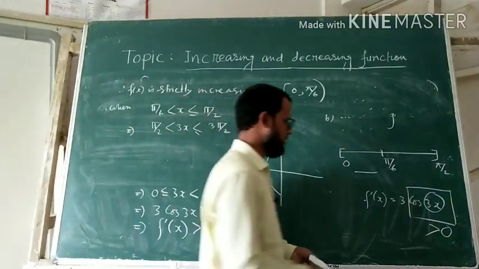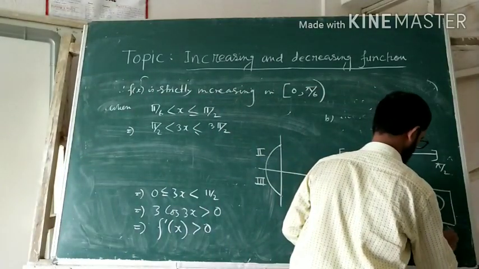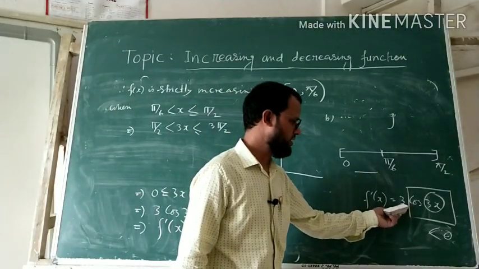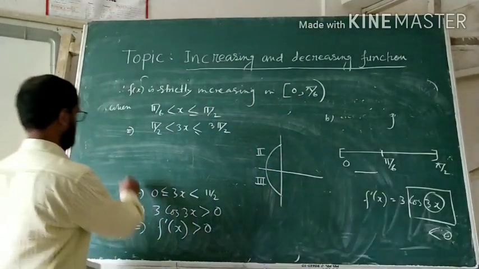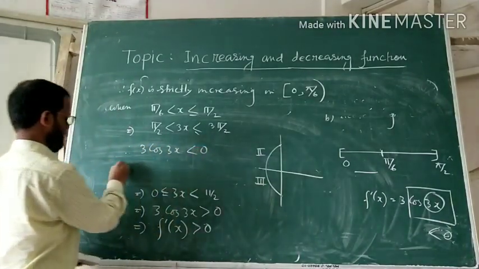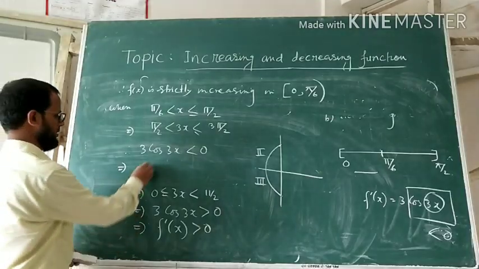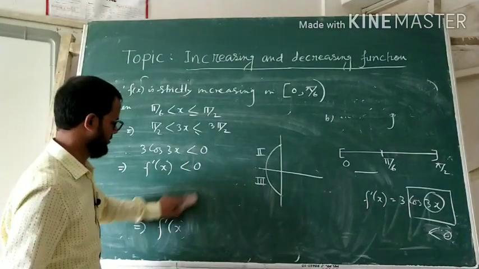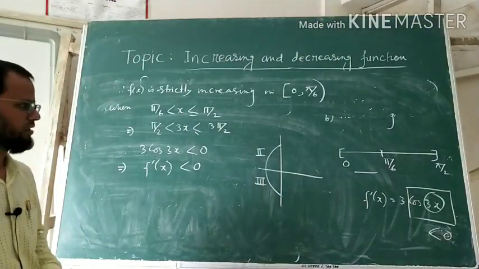So you can say cos 3x is less than 0. And if you multiply it by 3, then it is again less than 0. So therefore you can say 3 cos 3x is less than 0, and 3 cos 3x is nothing but your f dash x. F dash x is less than 0 in which interval?